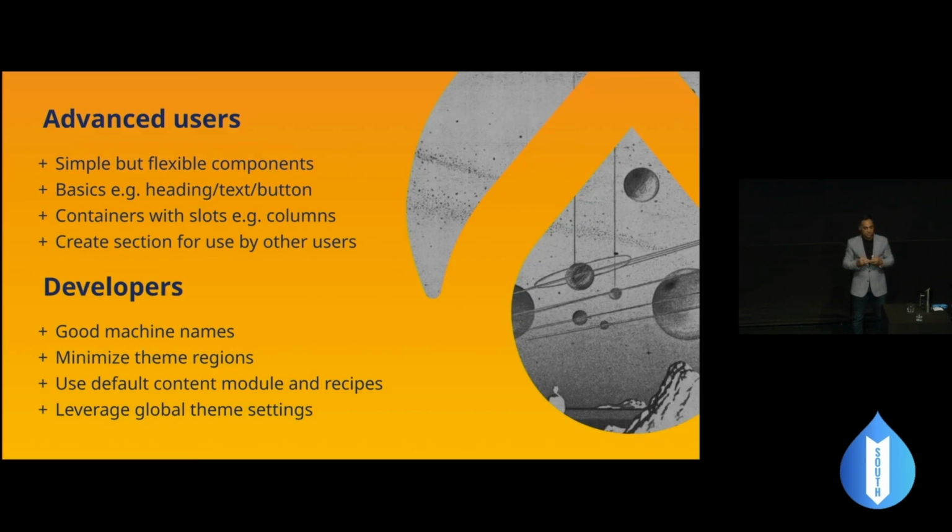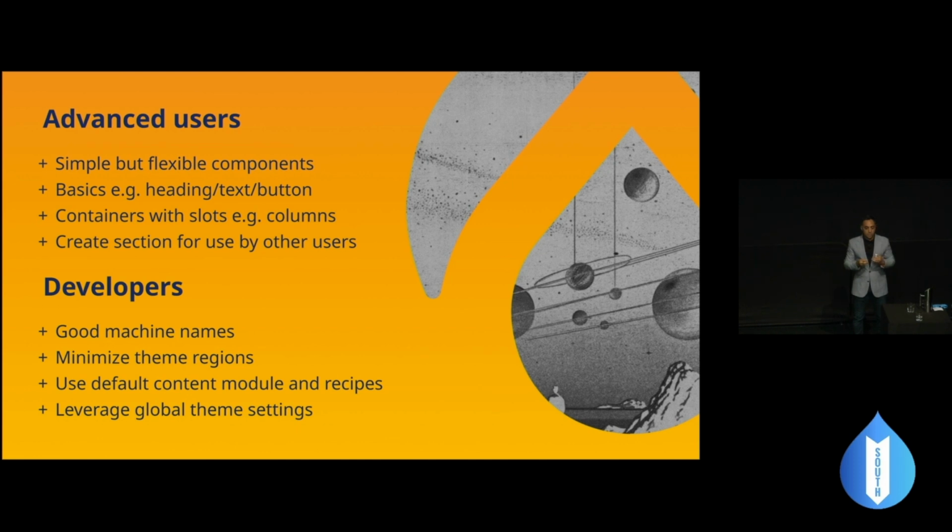As advanced users, this is fairly simple, but the components can be quite flexible. You can add basic things like header and text and buttons, but you can also have containers with slots that have columns. So you can add more dimension to your content, make that a bit more interesting, and more complex or more interactive.